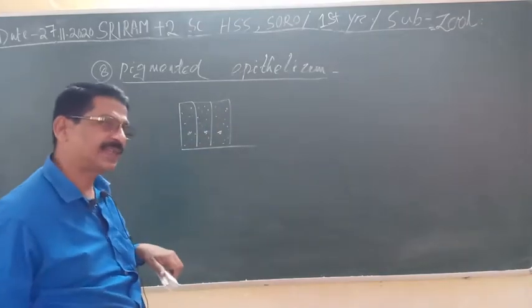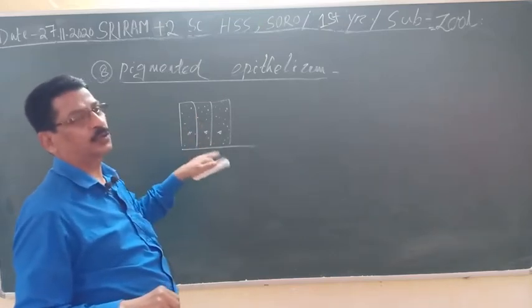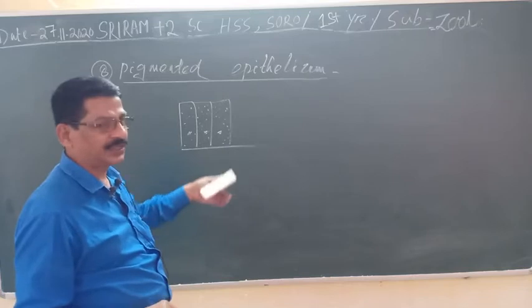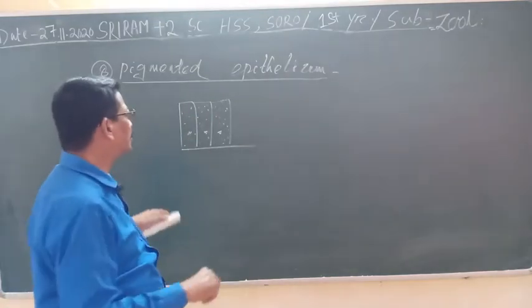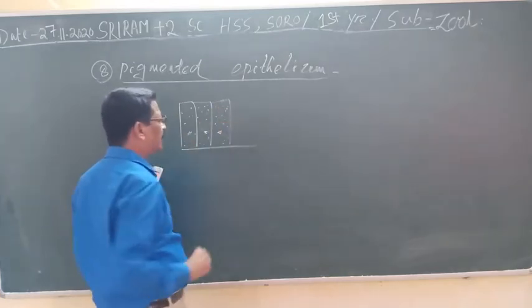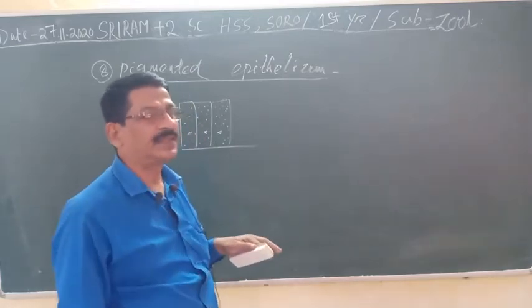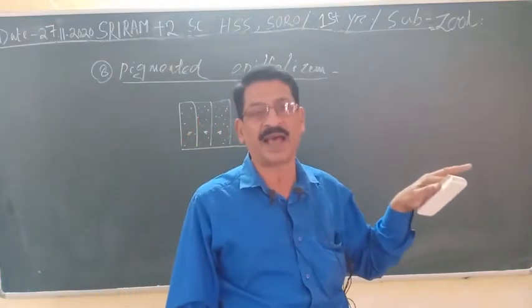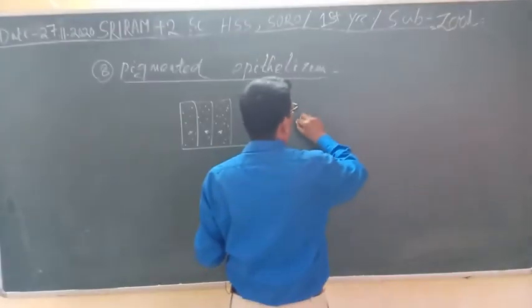These are the cells that contain granules of pigment. These are found in the basal layers of the retina of the eye, the inner layer of the eye.